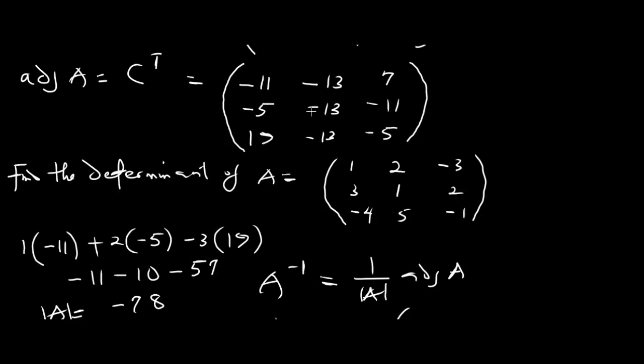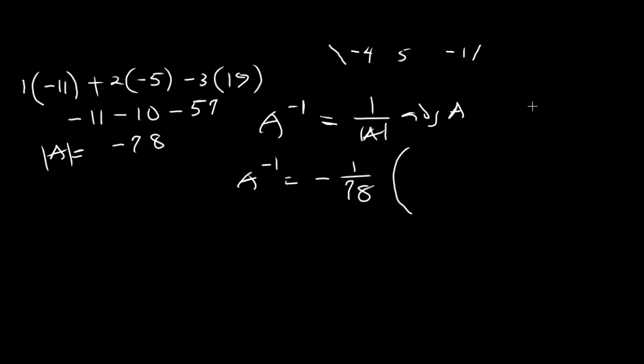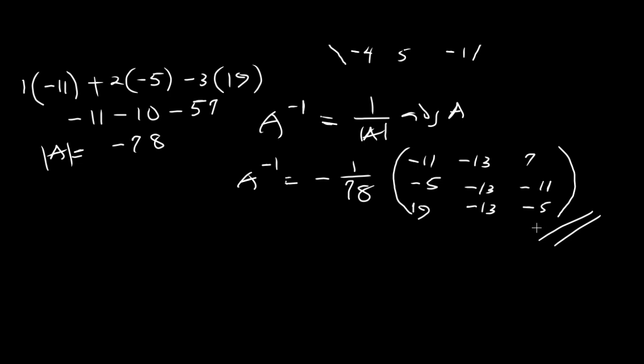So our adjoint is this: minus 11, minus 13, 7, minus 5, minus 13, minus 11, 19, minus 13, minus 5. So this is the inverse of that matrix.